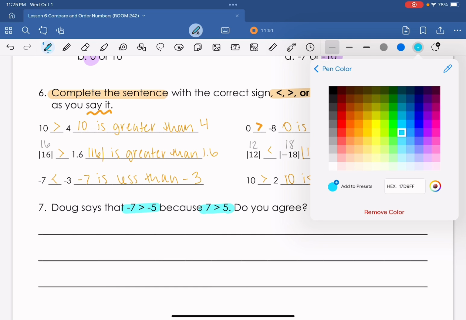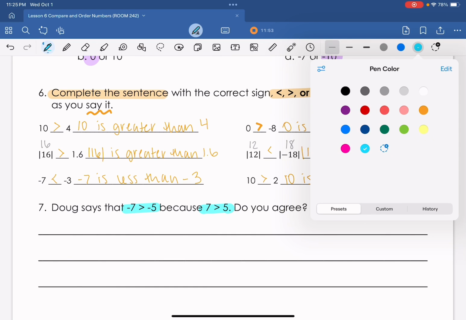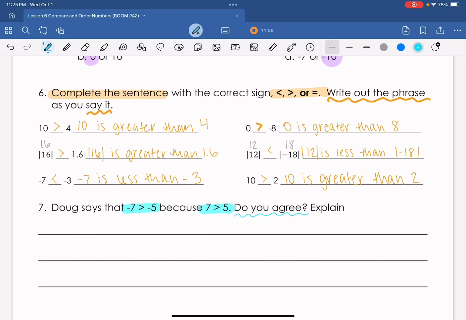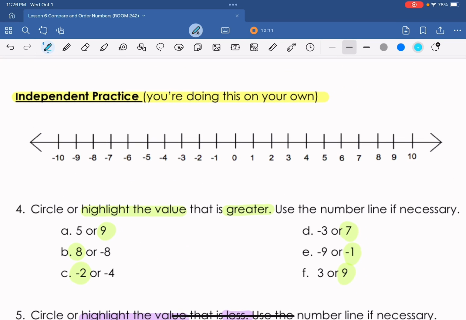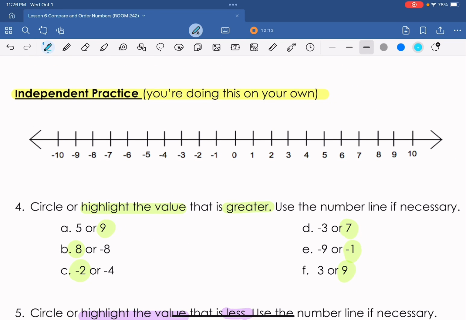So, let's explain. Doug is saying that he thinks that negative 7 is greater than negative 5 because 7 is greater than 5. So let's go up and plot this on our number line to do a visual. He said that negative 7 is greater than negative 5, right?